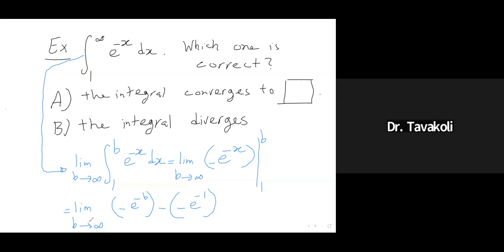So when b tends to infinity, minus b here becomes minus infinity. Look at here. B tends to infinity. Minus b becomes minus infinity. And e to the power of minus infinity is 0. So the first parenthesis is 0.